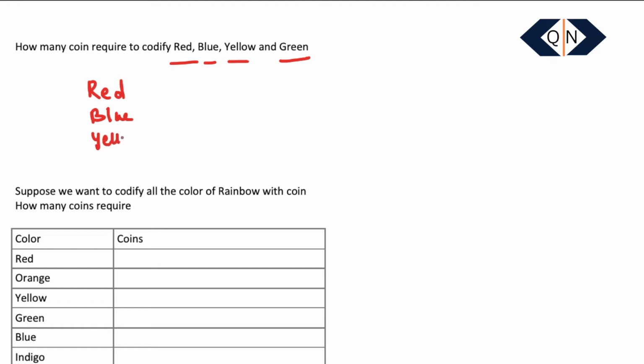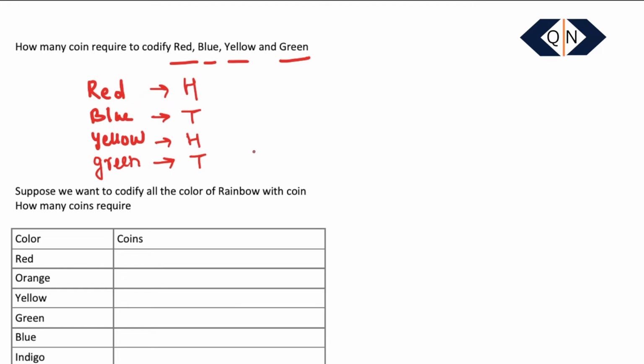Suppose I give red color as head, blue color as tail, yellow as head also, and green as tail.